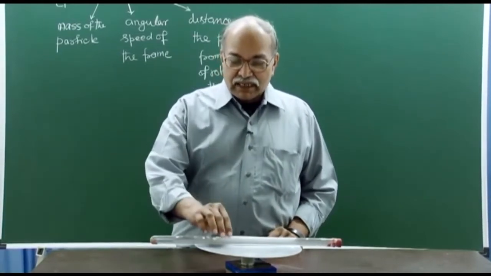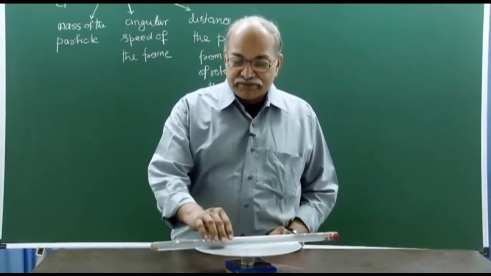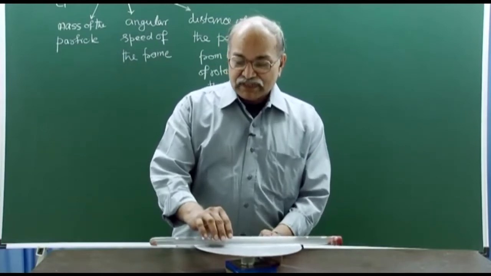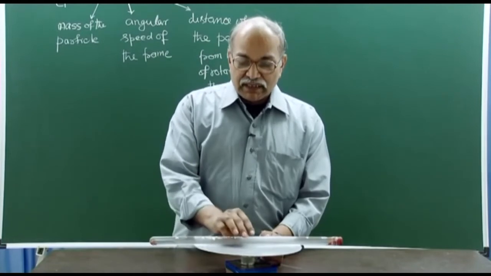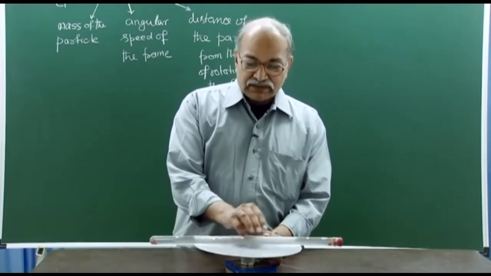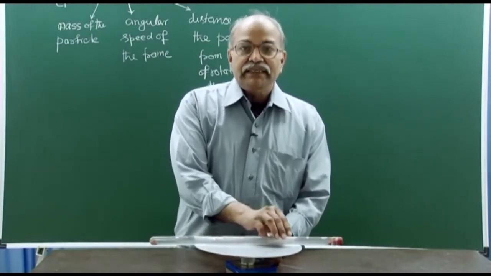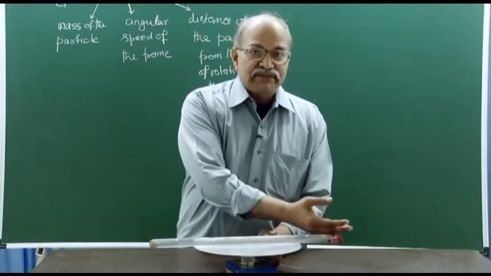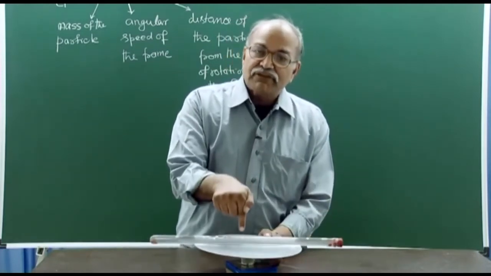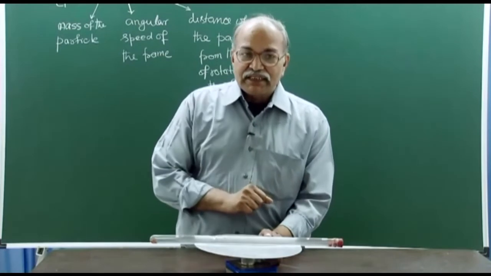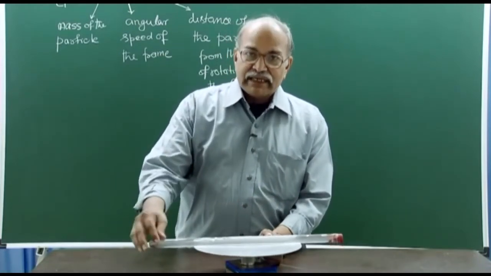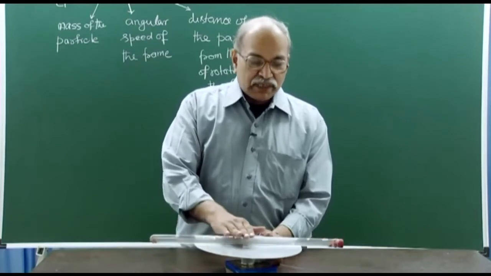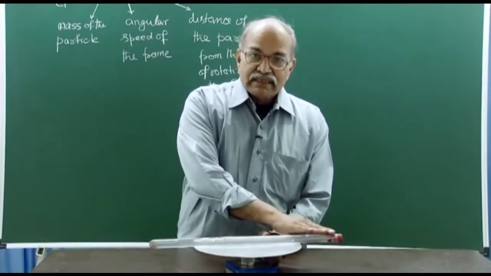So, if the stone particles are on the right of the center, the centrifugal force will be towards the right. If the particle to start with is on the left of the center, then the centrifugal force is towards the left. In each case, it is away from the center, and therefore, some of the stone particles get collected at the right end and some get collected at the left end.